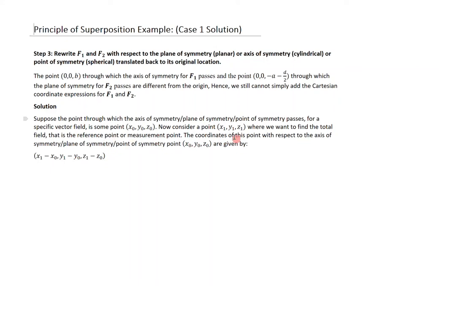The coordinates of this point with respect to the axis of symmetry, plane of symmetry, or point of symmetry would be essentially the difference between the two. So this would be x1 minus x naught, y1 minus y naught, z1 minus z naught. These are the transformed variables that we'll be using to translate everything back to its original location.